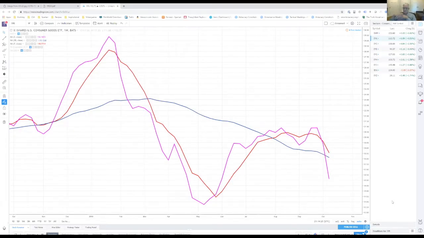Consumer goods, of course, are made up of many, many companies in many, many different industries. But they all fall in this general category called consumer goods. Very different picture. Same time frame, same 3, 7, and 30 moving averages. I'll flip price on just for a second, just so you can see I'm not cheating.